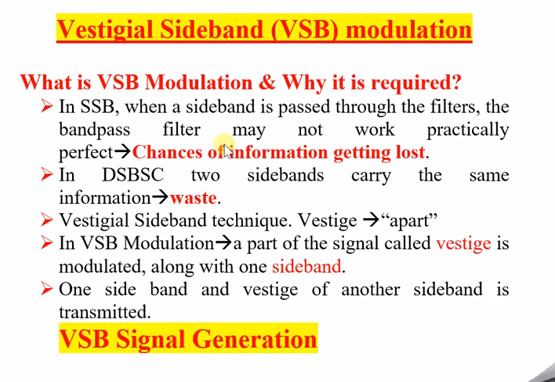In SSB modulation, when a sideband is passed through the filter, the bandpass filter may not work practically perfectly. As I told you, in single sideband modulation, only a single sideband is transmitted and the carrier is suppressed.